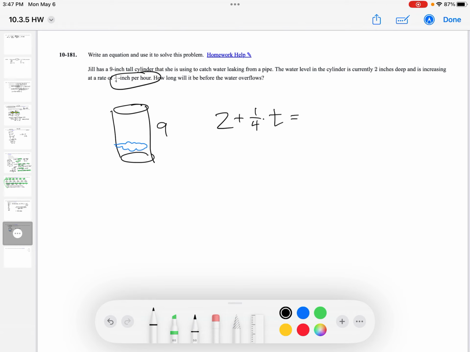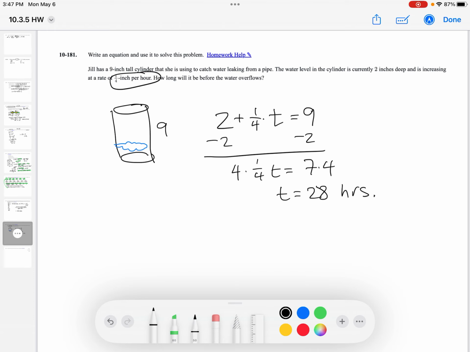When it's full, what's the height going to be? 9. Okay, so there's our equation. The question is, how long will it be? Okay, let's solve our equation. Subtract 2. I want to undo the dividing by 4 by multiplying both sides by 4. So I get that my time is 28 hours.